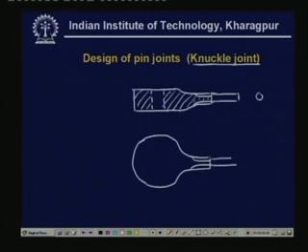This is an octagonal shape, and there is a hole there. So this is one part, and this is a continuous rod which has some diameter d, and this is connected to the other member like this.